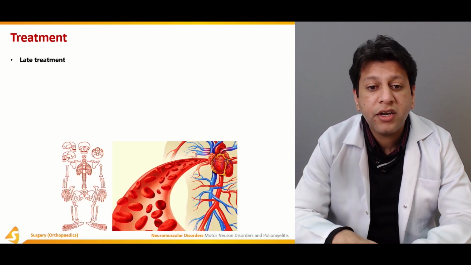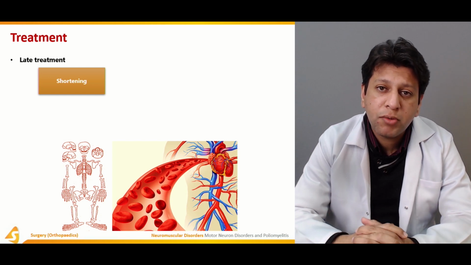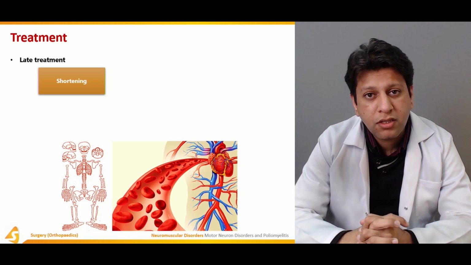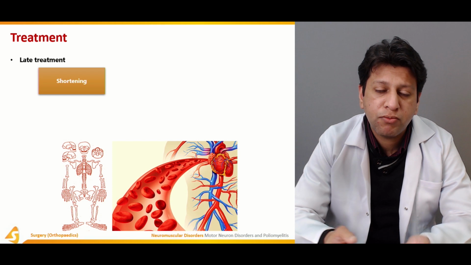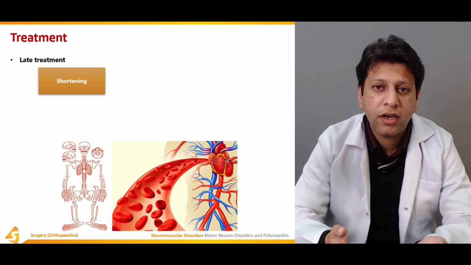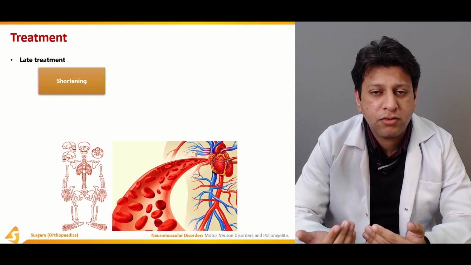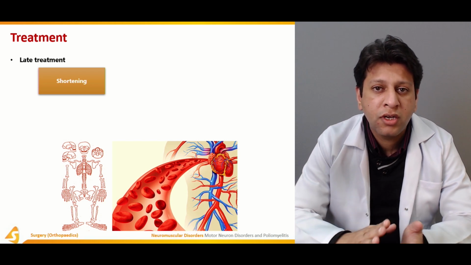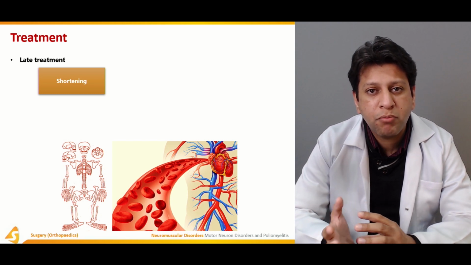So continuing with the late treatment, sometimes instead of presenting with deformity, they present with shortening. This shortening is problematic because with every walking gait, there's usually increased stress on the other side. For example, if the right leg is short, the patient usually has swaying of the pelvis to one side.